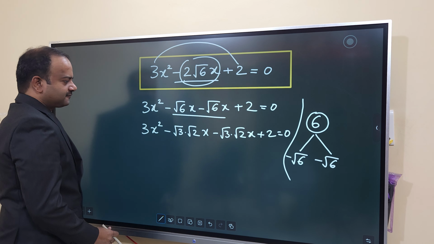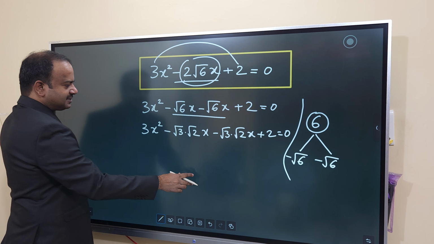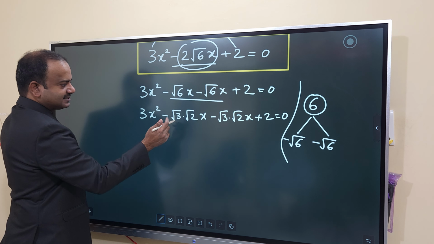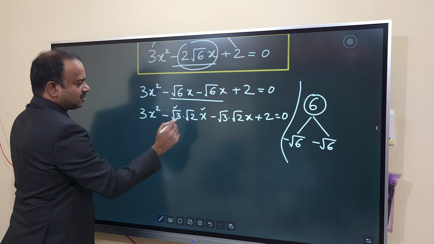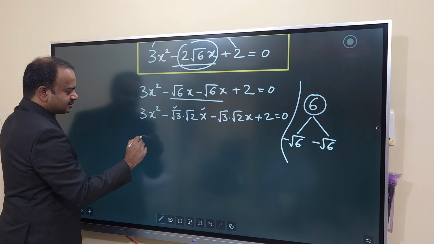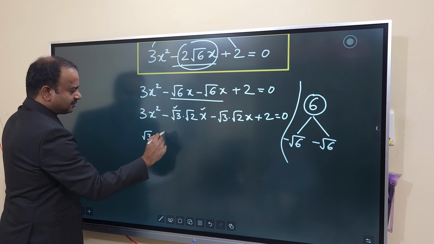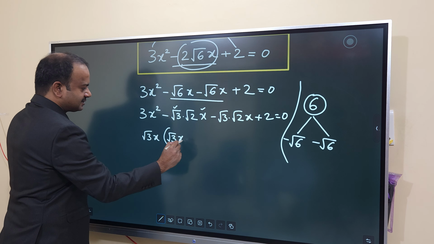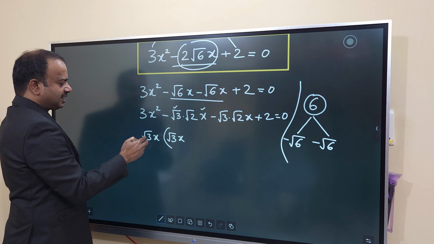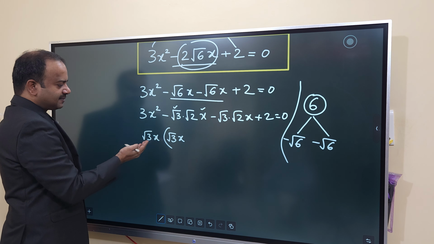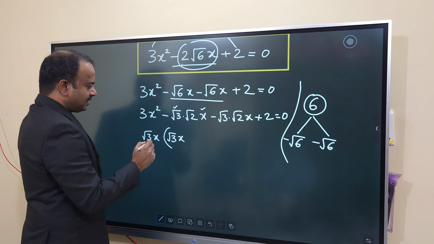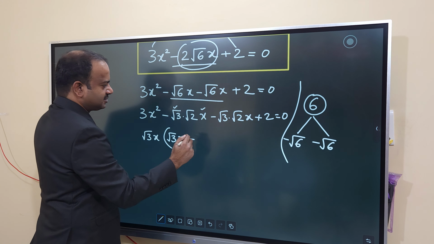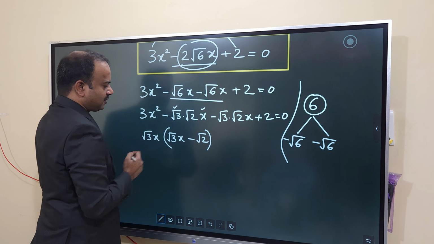Now I can take root 3x as common. So root 3x outside, and inside this will become root 3x, because root 3x times root 3x gives 3x squared. And minus root 3x is common, so root 2 remains here.